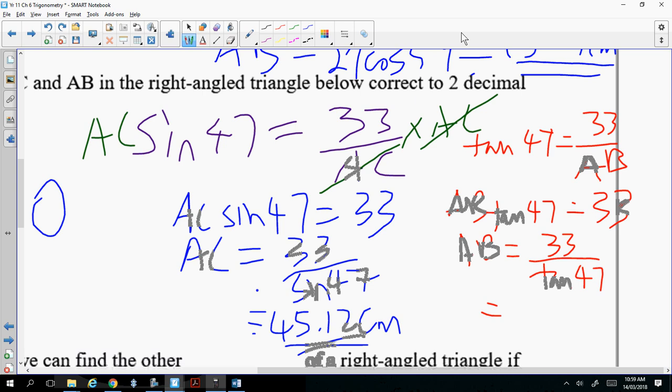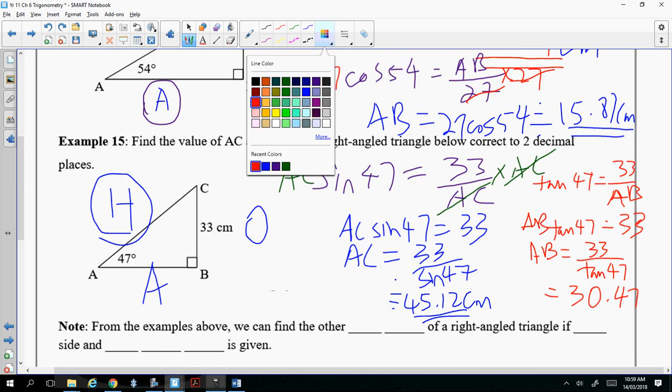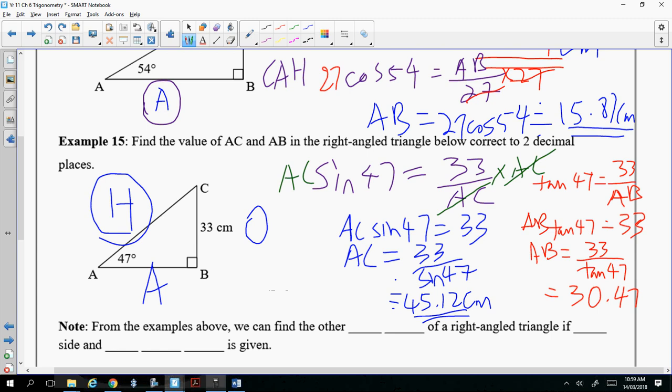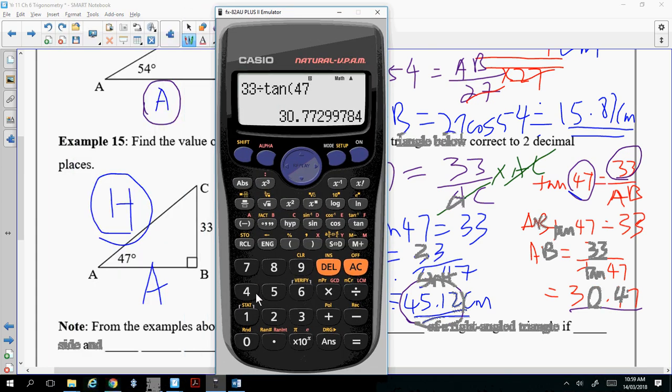It's correct. You could use Pythagoras, but I prefer not to, because it's not as accurate. These are exact answers, aren't they? If you use Pythagoras, you're going to use this value, which is rounded, so it may not give you the same answer. Let's check: 45.12 squared minus 33 squared, then square root.